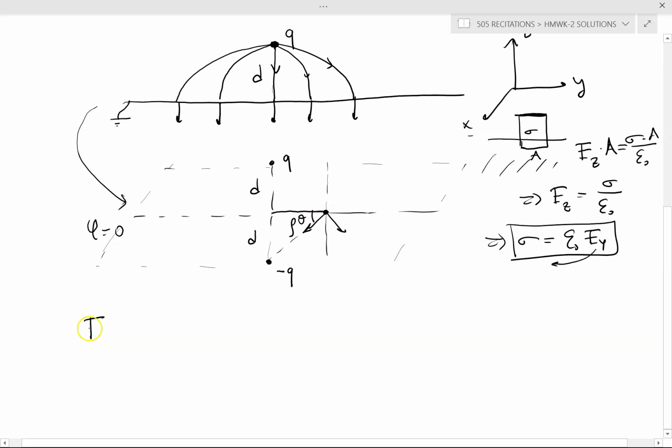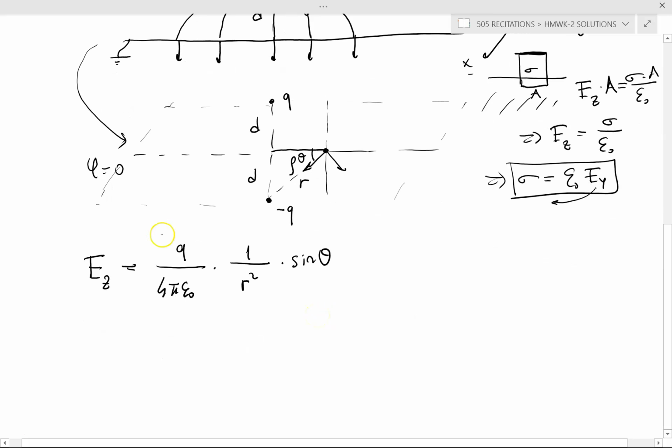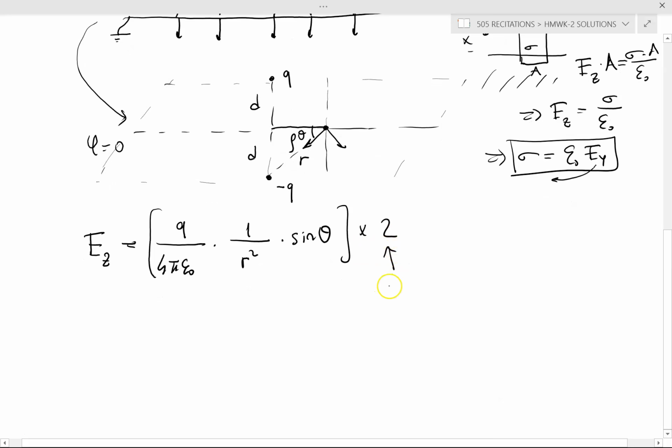So the E field, which is along the minus z direction, needs to be equal to the E field due to the existence of Q at this point, Q divided by 4πε0, multiplied by 1 over r squared, multiplied by sine theta, and I also need to multiply it by 2 due to the plus Q E field.